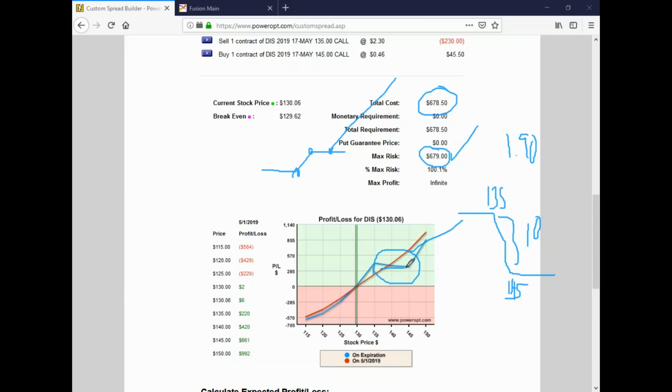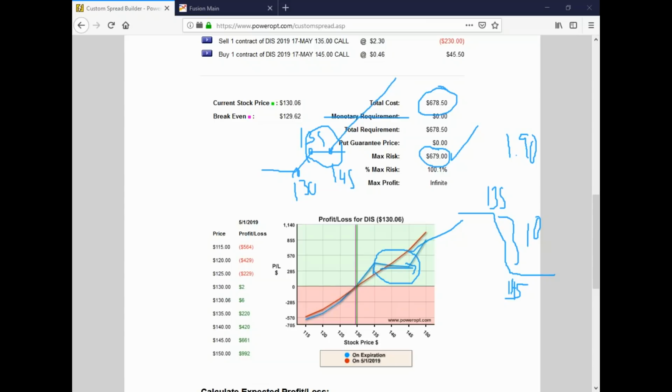You still have a reasonably strong profit here at the plateau as well. So that's an out-of-the-money bear call spread added to your long call, which won't require any monetary requirement because your broker hopefully should read this as just a bull call debit spread, 130, sold the 135, and you've got an extra 145 call lying out there as well. Okay?